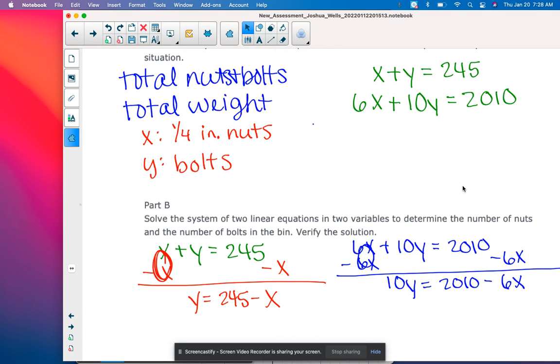And the last thing we have to do is just divide everything by 10. So when we do that, y equals 201 minus, if I reduce this by 2, 3 over 5x.